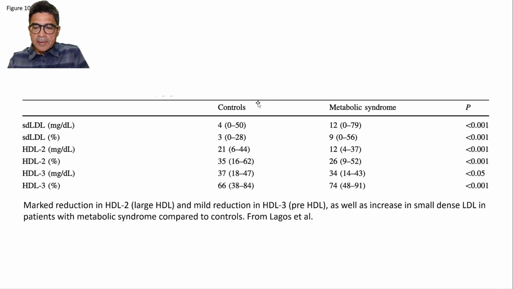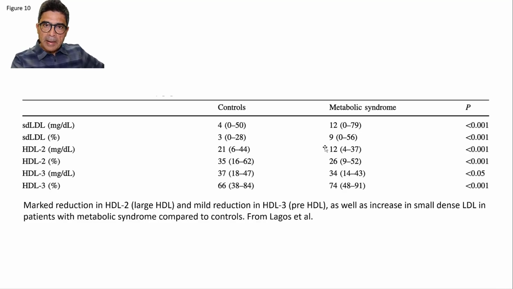So here is a situation in which people have metabolic syndrome versus control. This is a study. And there are three components to the metabolic syndrome. One is high triglycerides. Second is high levels of small dense LDL. In other words, even though the LDL level doesn't change, the small dense LDL goes up. And the third component is reduced HDL. So the small dense LDL is larger in metabolic syndrome people. The HDL2, which is the more mature form of HDL, is lower.